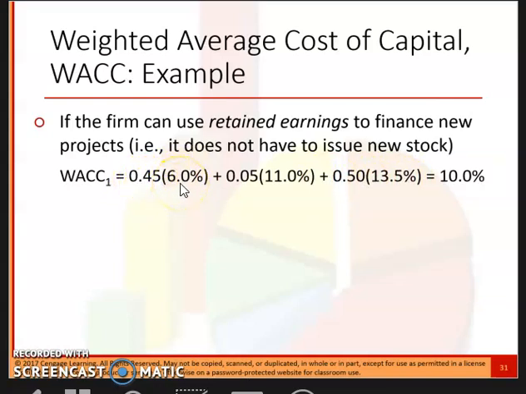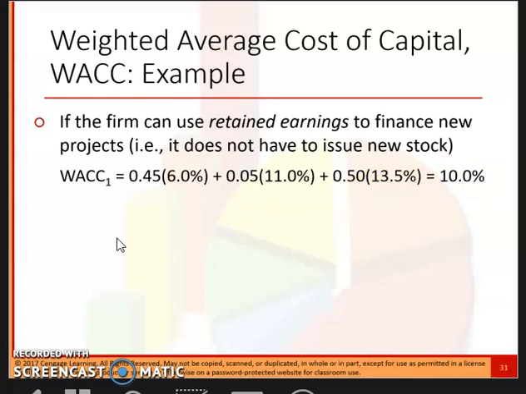We multiply that by the after-tax cost of debt of 6%, plus 0.05, the weight in preferred stock, times the required rate of return for the preferred stockholders of 11%, plus 0.5, the weight in common equity, multiplied by the cost of retained earnings of 13.5%. That gives us a 10% weighted average cost of capital.